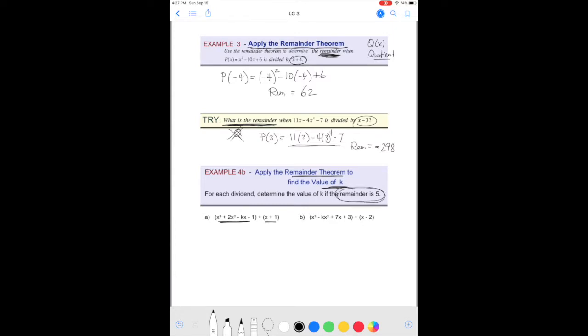How we set this up is we take the opposite of this and we put it in, so -1 cubed plus 2 times -1 squared plus k, oops, it's supposed to be negative, sorry, -k minus 1 minus 1. Because when we enter all this in, out comes the remainder, which we know is 5. So 5 goes there.